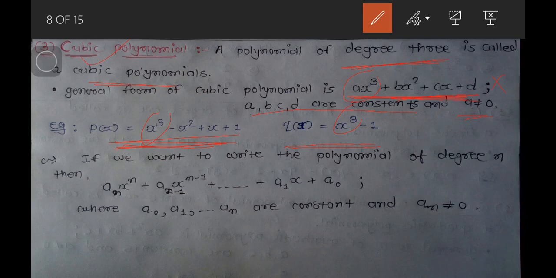These are the types of polynomials according to degree of polynomial.